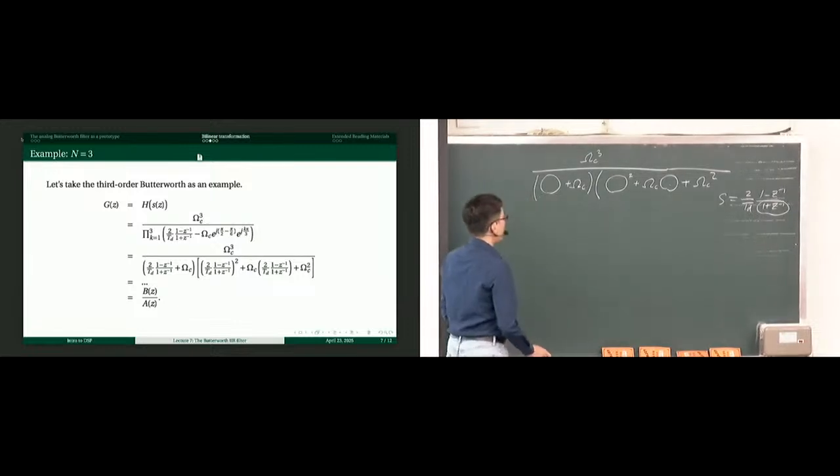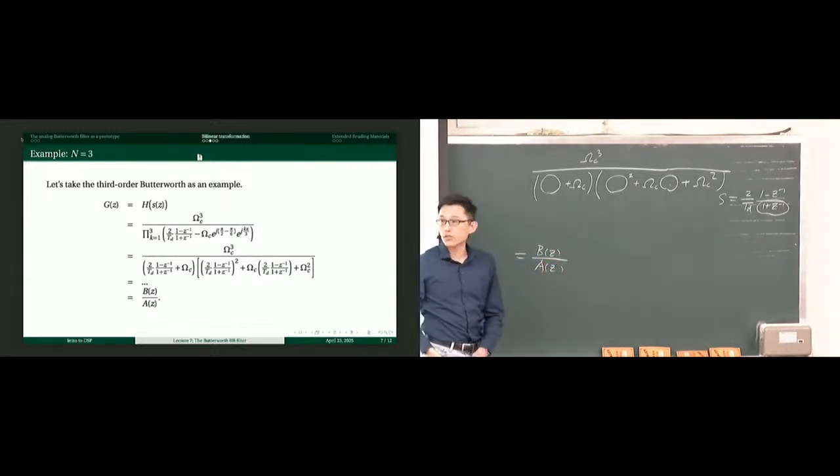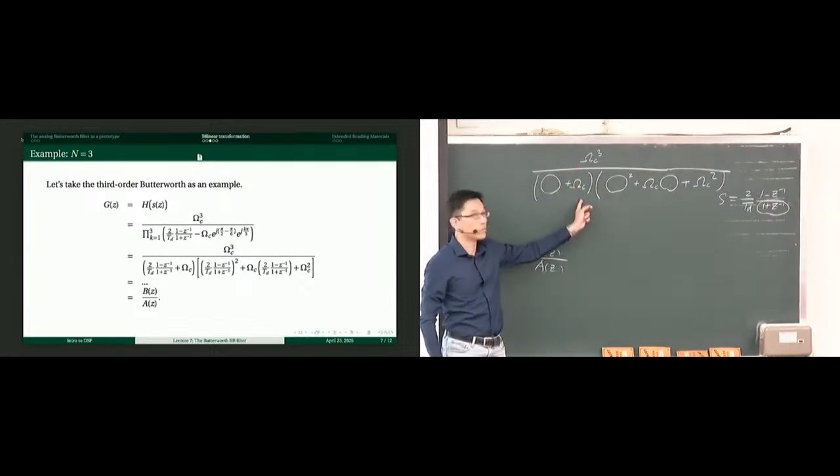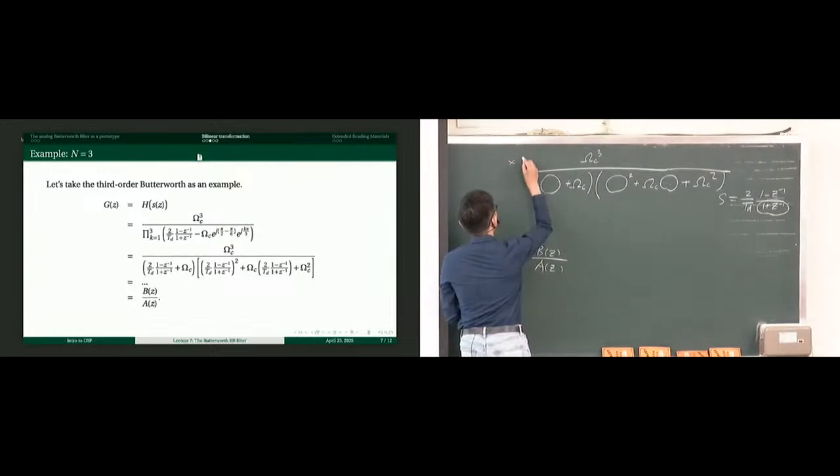So to make the final expression equal to B of z over A of z, to organize the final expression into this format, I suggest that we multiply the top and bottom with 1 plus z inverse to the third power, okay?